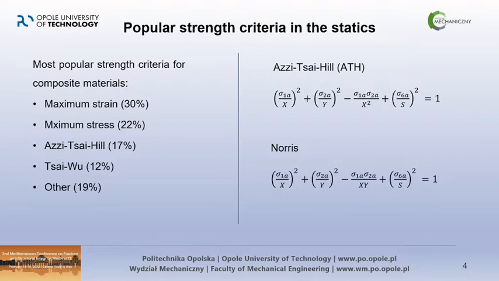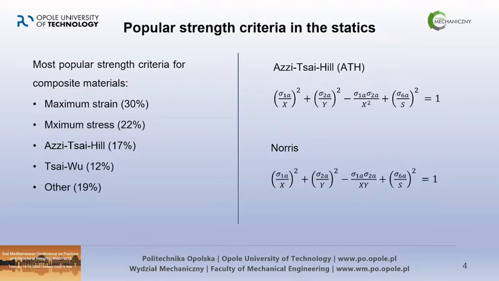On the right, you can see the Azzi-Tsai-Hill criterion, which in plane stress state has the form of the equation presented here at the top. Then we also thought that we could analyze the Norris criterion. This is a very similar criterion to the Azzi-Tsai-Hill. Perhaps it's not as popular, maybe because it was presented for the case of wood and not a typical composite material.